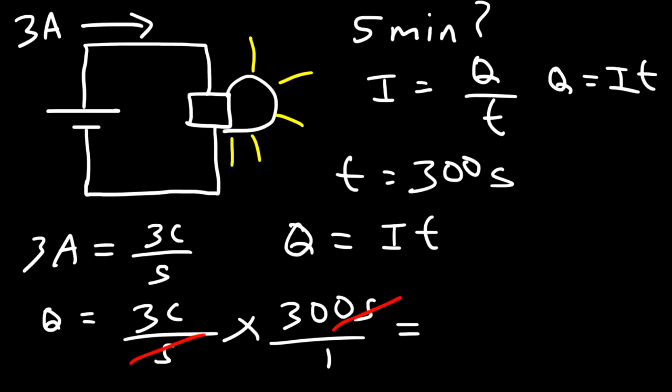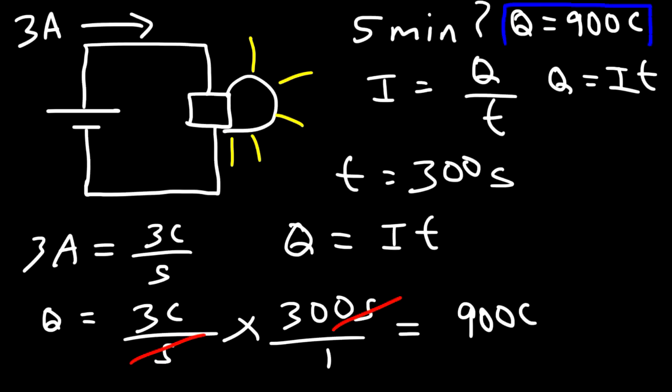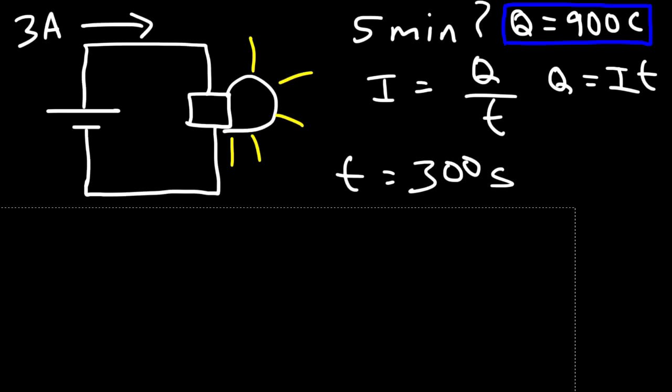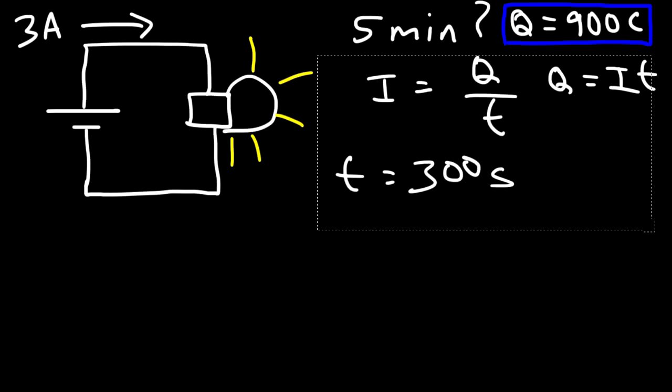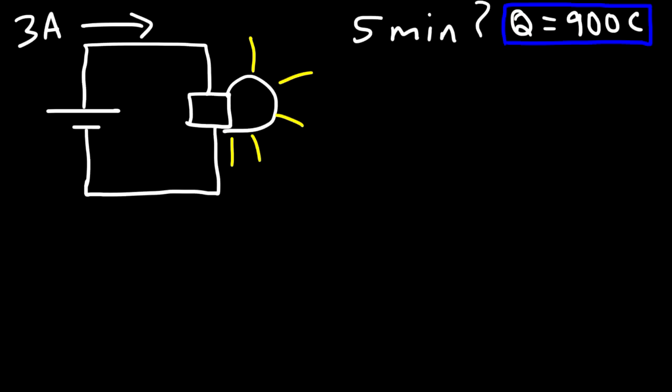So 3 times 300 is 900. So Q is equal to 900 coulombs. That's the answer for the first part of the problem. So the total charge that passed through this circuit is 900 coulombs in a time period of 5 minutes.